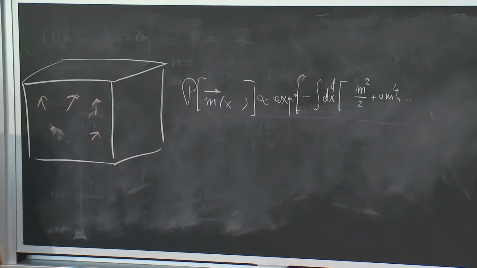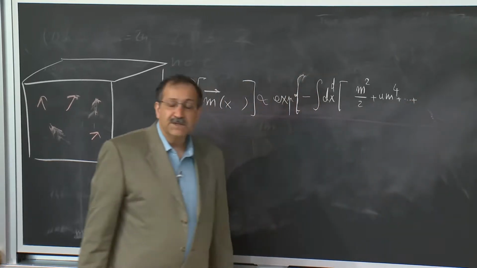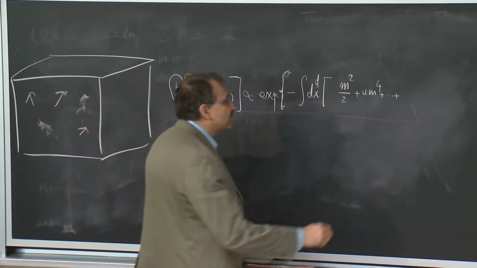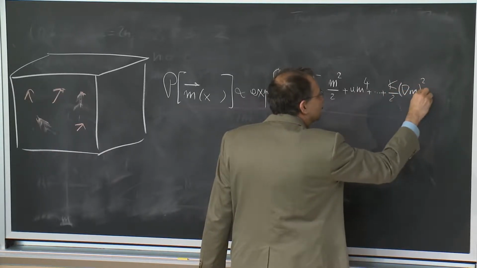But the interesting thing was that, of course, there is some interaction between neighborhoods. Those neighborhood interactions we can, in the continuum limit, implement by putting terms that are proportional to gradient of m and so forth.